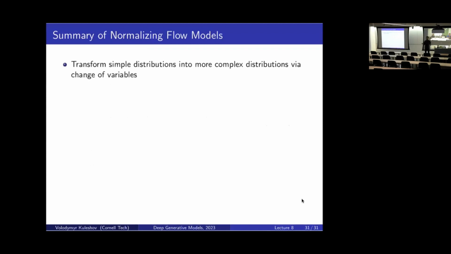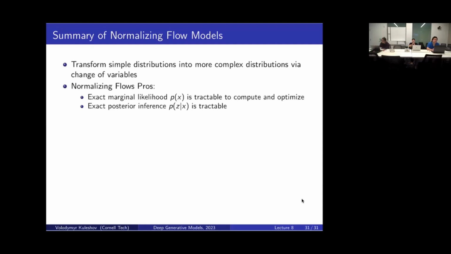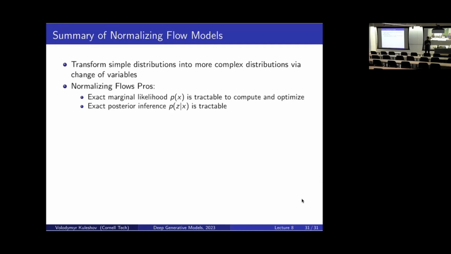Okay, so that's it. I'll take 30 seconds just to do a quick recap of normalizing flows. We saw that normalizing flows allow us to learn latent variable models for which we have exact maximum likelihood learning, and we can also have exact posterior inference.